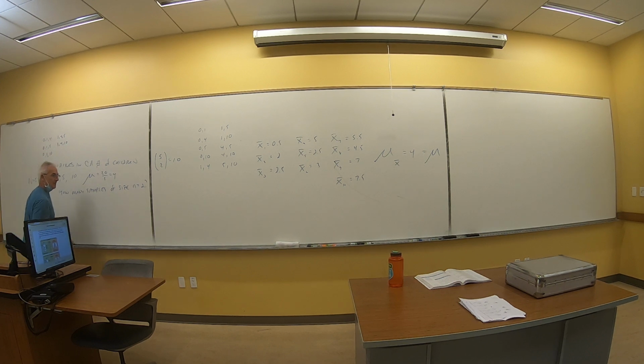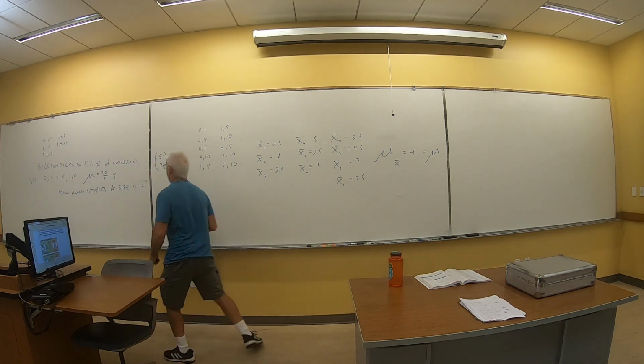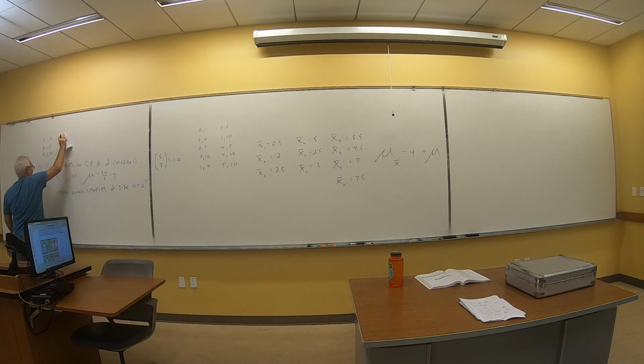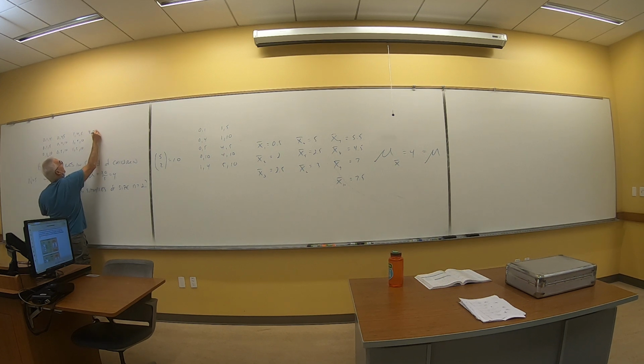Oh, sorry, I skipped one. Now I'm at 0, 4, 5. 0, 4, 10. And then 0, 5, 10. There we go. Now, 1, 4, 5, 1, 4, 10, 1, 5, 10, and finally 4, 5, 10. There we go. Those are the 10 possible samples of size 3.